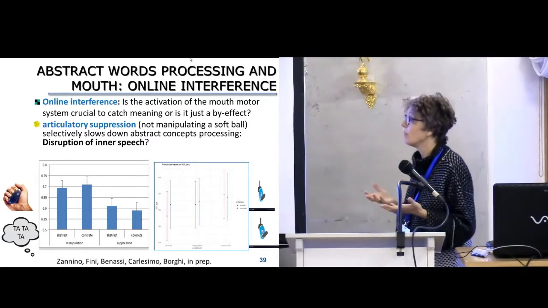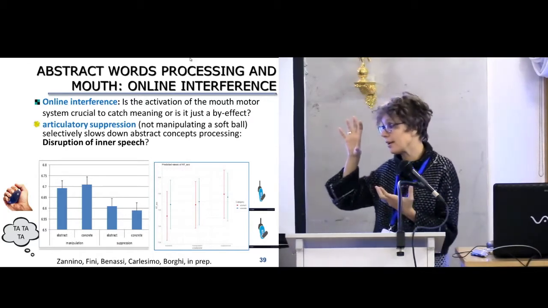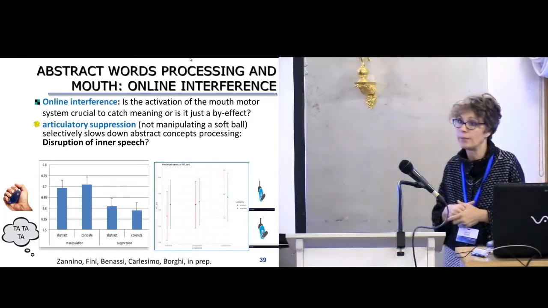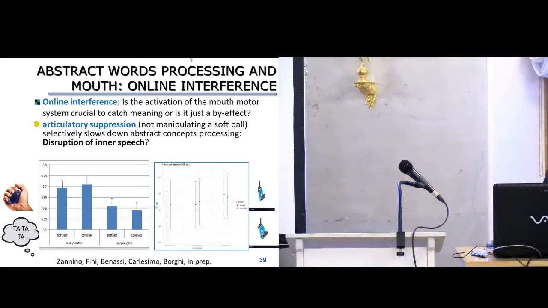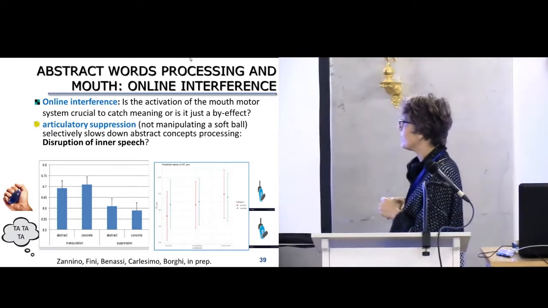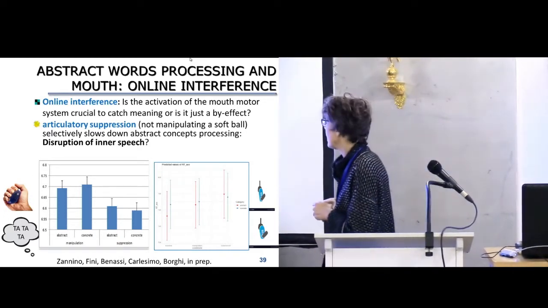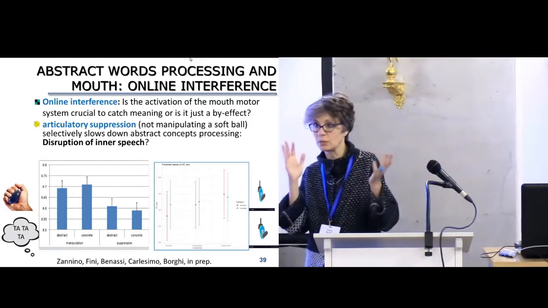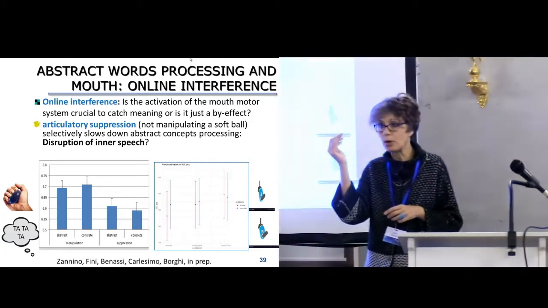But now we wanted to investigate what happens when we interfere. We are doing an interference task. In this task, participants performed two different tasks while deciding whether words were abstract or concrete. In one case they had to squeeze a ball.